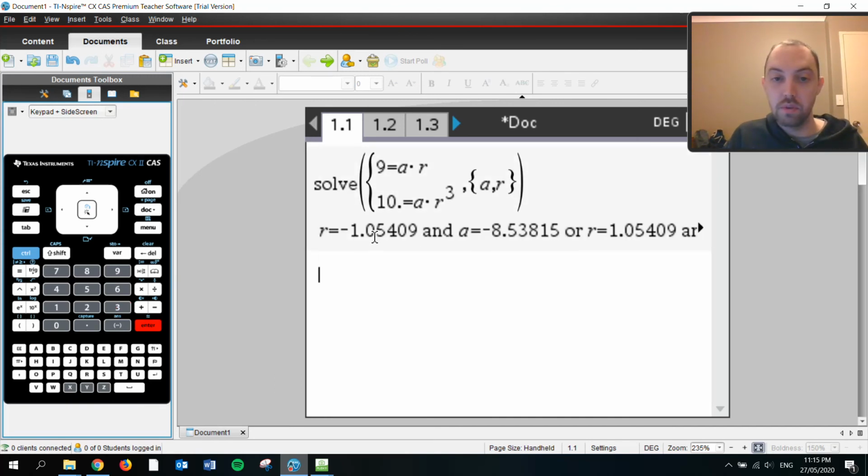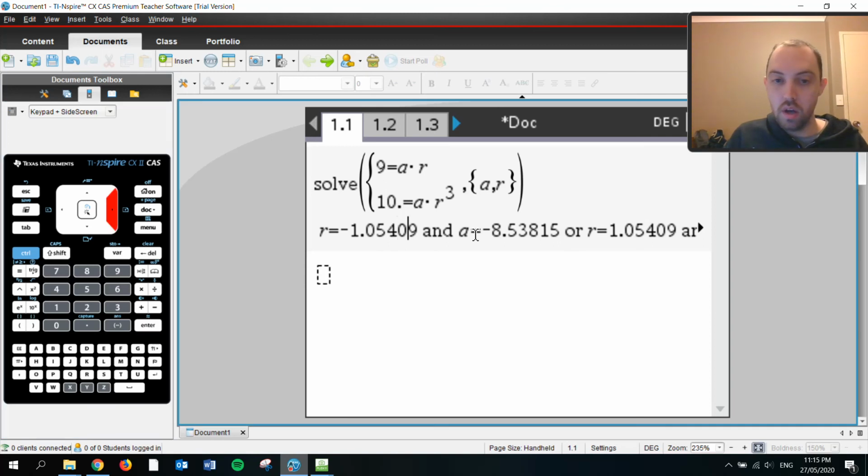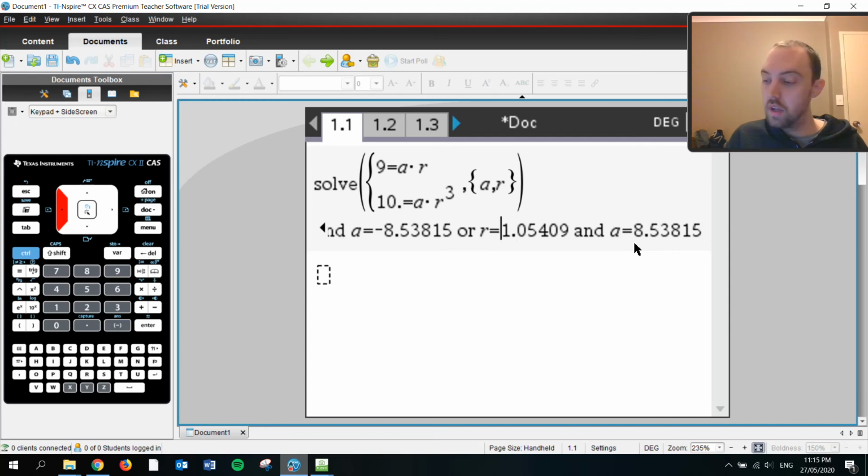Okay, so it gives me two solutions. R is equal to negative and positive here, negative 1.05, positive 1.05. And your A clearly changes along with that. So, state the recurrence rule.